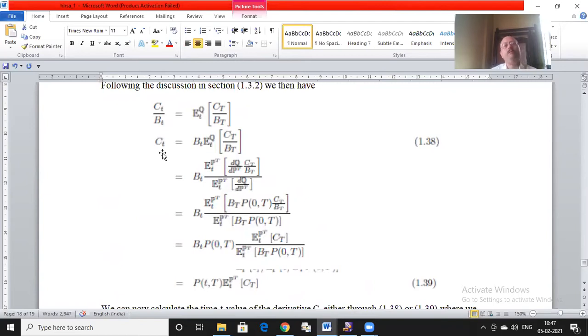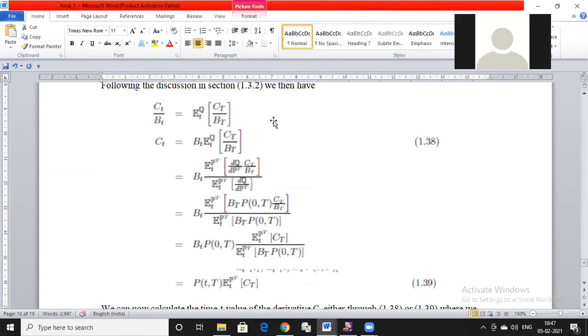Using that, I want to express the current price of the call, the current price of the derivative, in terms of an expectation of the terminal derivative price only. So inside the expectation, I do not want any other thing to appear. The PTT will come outside. So is this clear so far? Yes, sir.